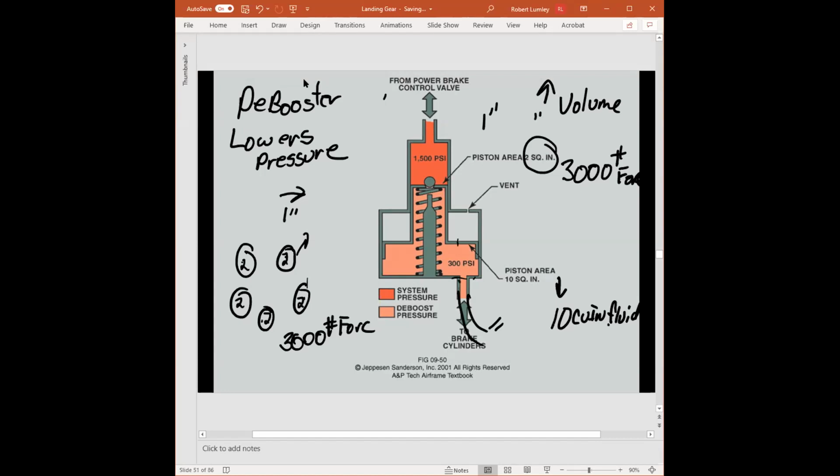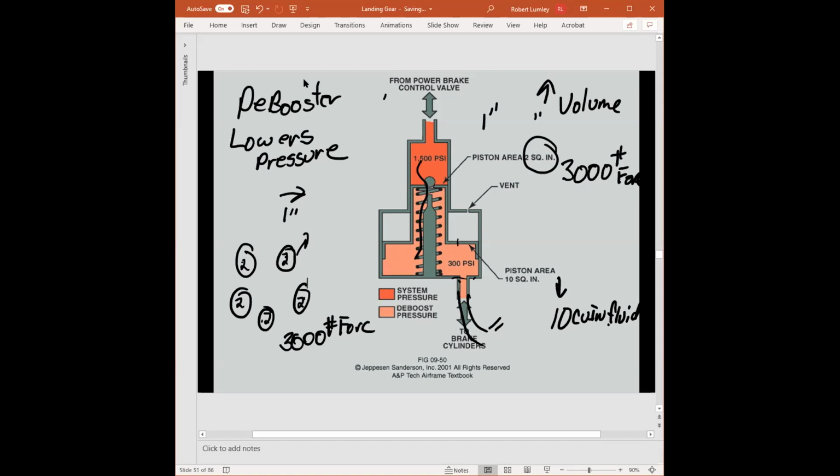So this device here is designed so that if we lose some fluid, the piston comes down, compressing the spring, and the ball will be lifted off of its seat, so system pressure can come in to replenish the brake fluid to the caliper. Are we good there?